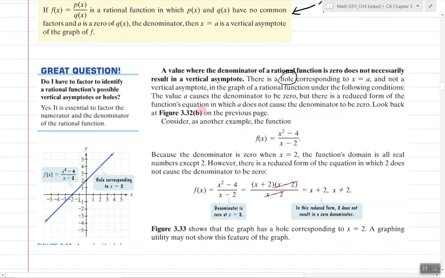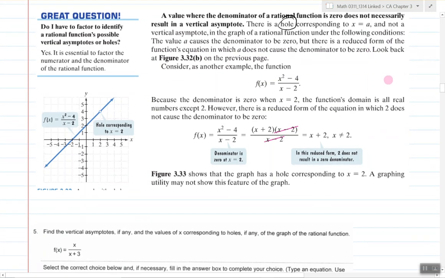The value a causes the denominator to be zero, but there is a reduced form of the function's equation in which a does not cause the denominator to be zero.